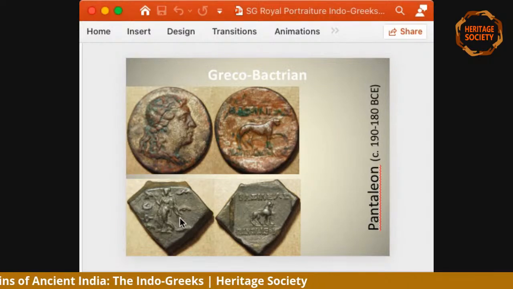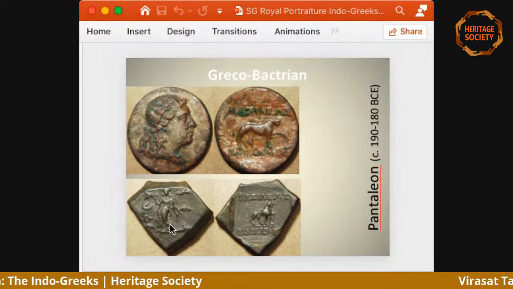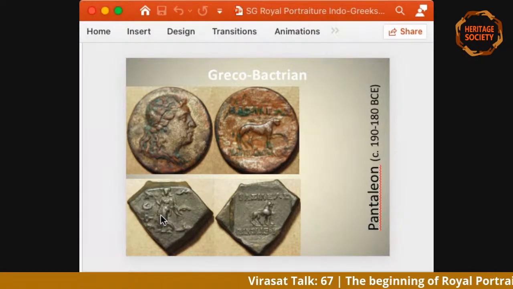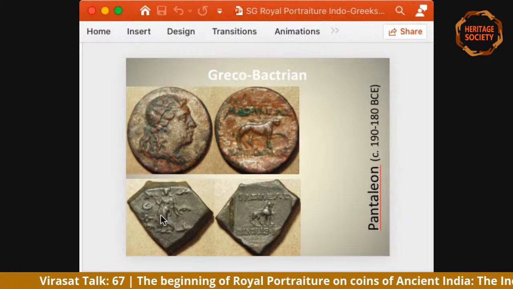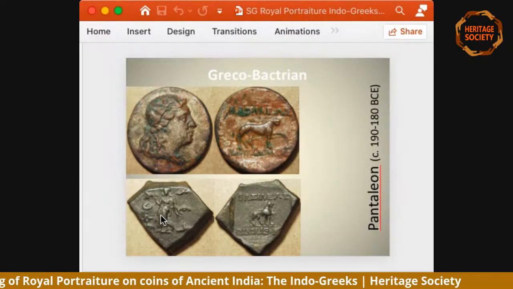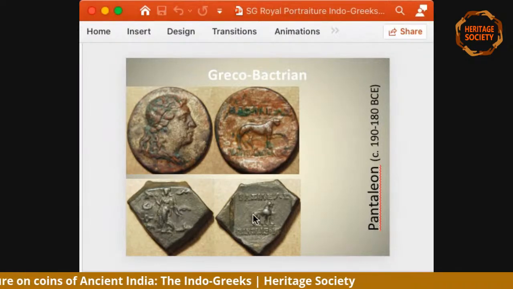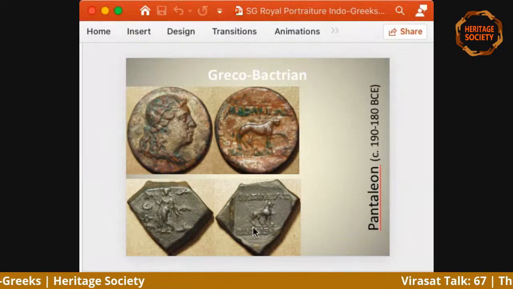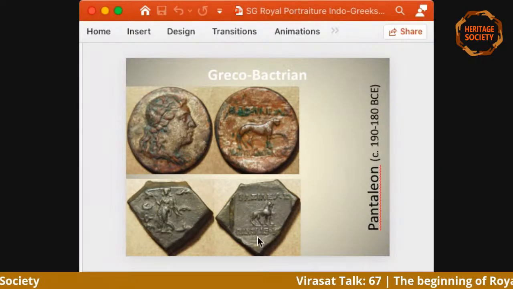And it has, very interestingly, the Brahmi legend, which gives the name of the king as Rajane Patalevasa, which is the Indianization of the Greek name Pantaleon. And on the reverse, you see the Greek legend repeated on the top and the bottom.